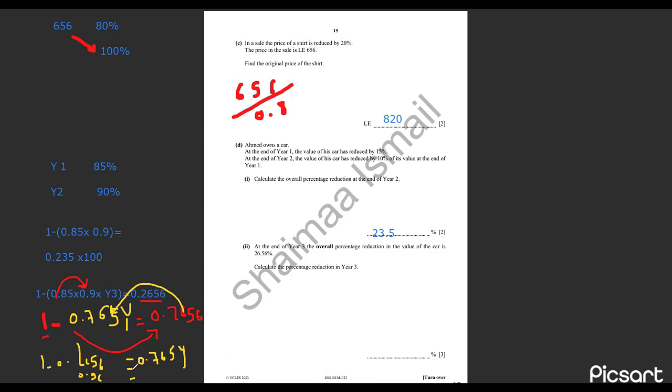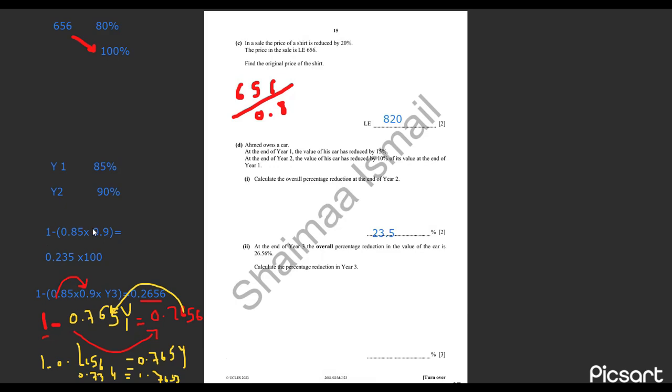Then we divide this, after we get it, we divide it here. Dividing here, so that gives us 0.734 equal to 0.765y. So now we're going to complete it here.